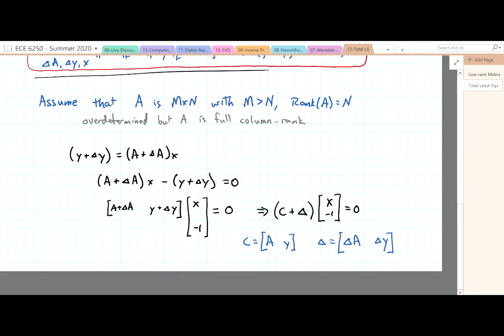Okay, so these are both the same size. This is m by n plus 1. We've added that extra column.